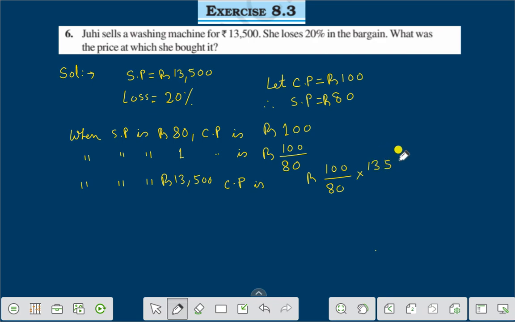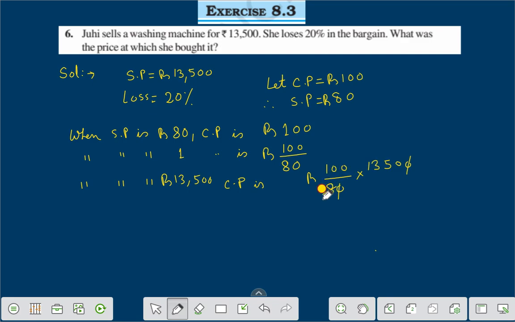Now this zero will cut, and we find that it is 1350 divided by 8.